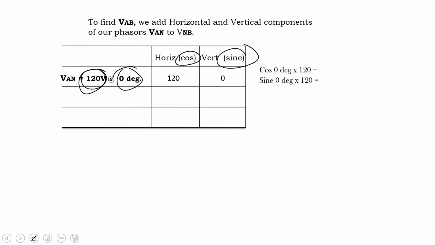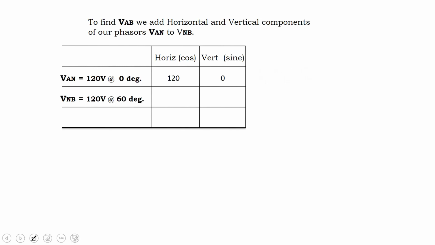Voltage NB is the other vector I needed to add up. 120 times the cosine of 60 is its horizontal component, and 120 times the sine of 60 is its vertical component. What's left for me to do is add up the horizontals to get a total horizontal, then add the verticals to get the total vertical, and then we'll plot them out.